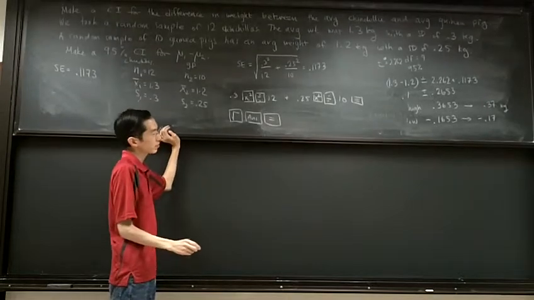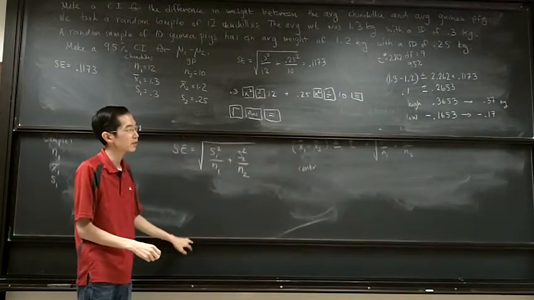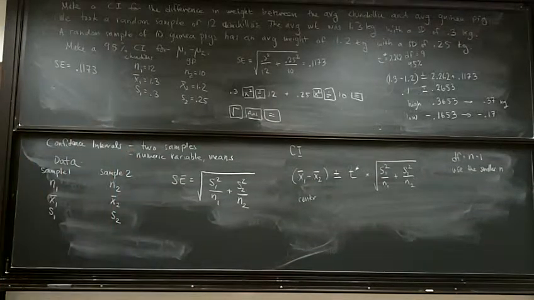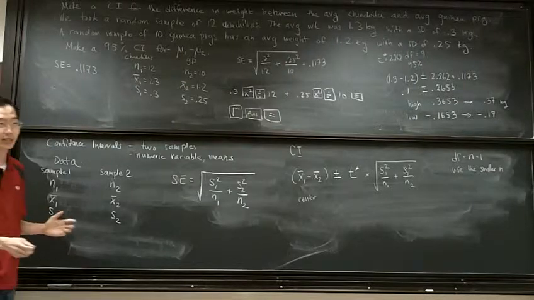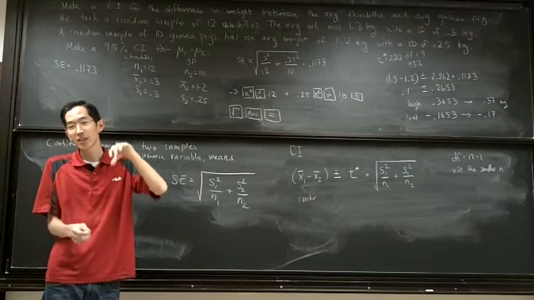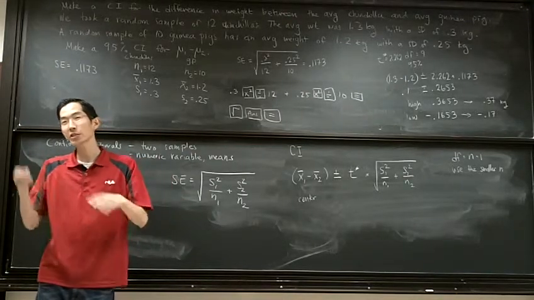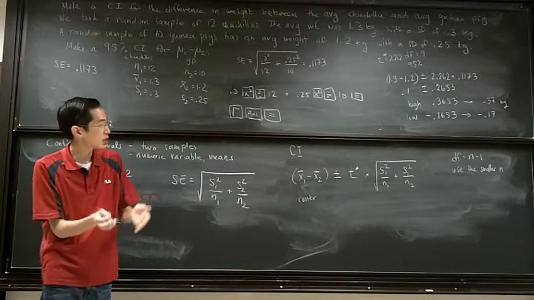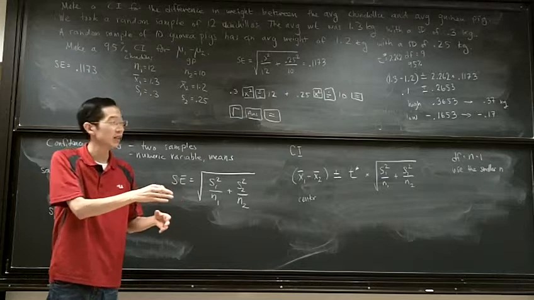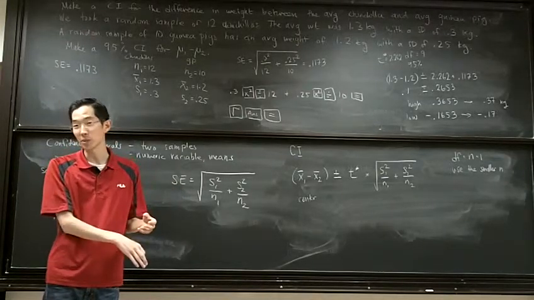So, my confidence interval. This is the confidence interval for what? The difference in weight. So we are asking, what is the difference in average weight of chinchillas and guinea pigs? So we are saying the average chinchilla is between 0.37 kilograms more and 0.17 kilograms less than the average guinea pig.